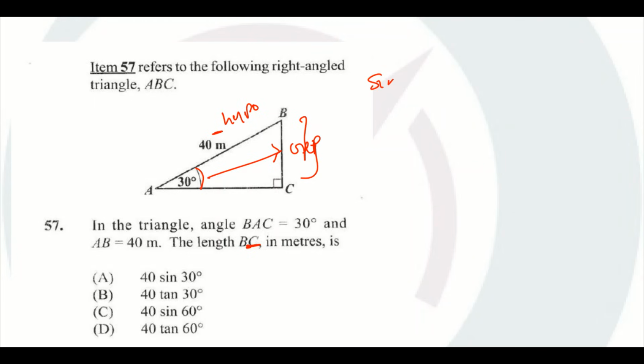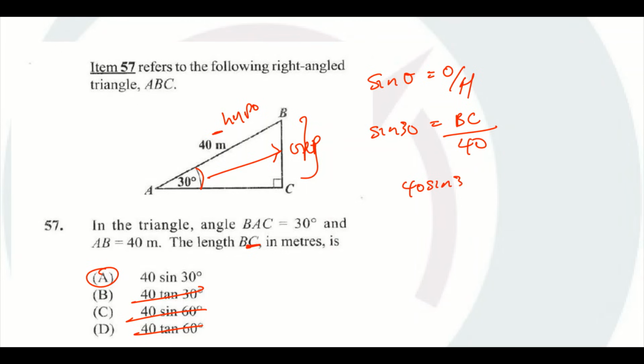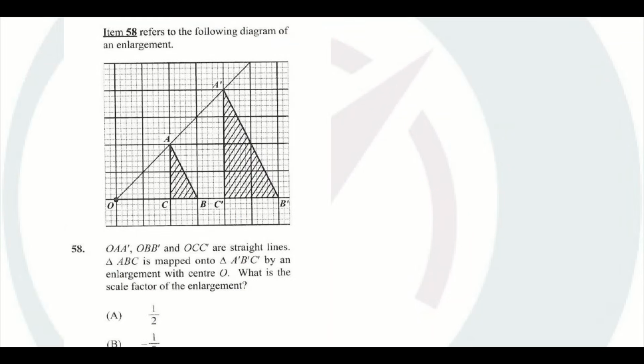That's sine, opposite over hypotenuse. So sine 30 equals BC over 40. We can eliminate all the tans out, and our angle is 30. So our answer would be A: 40 times sine 30 will give us the length BC. Easy trig.